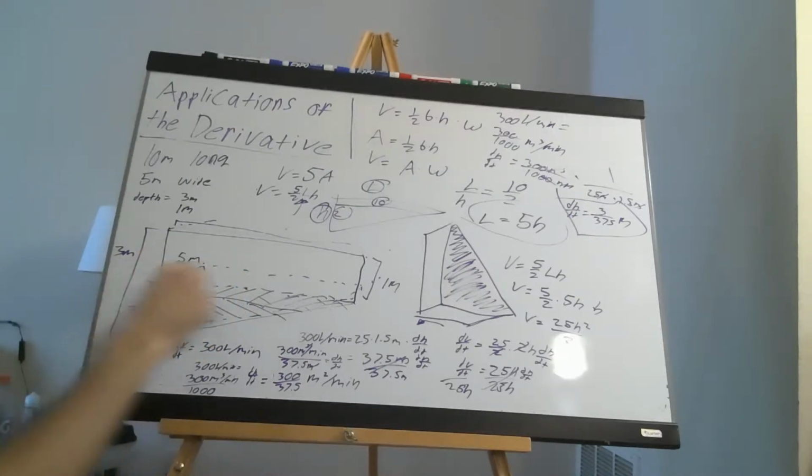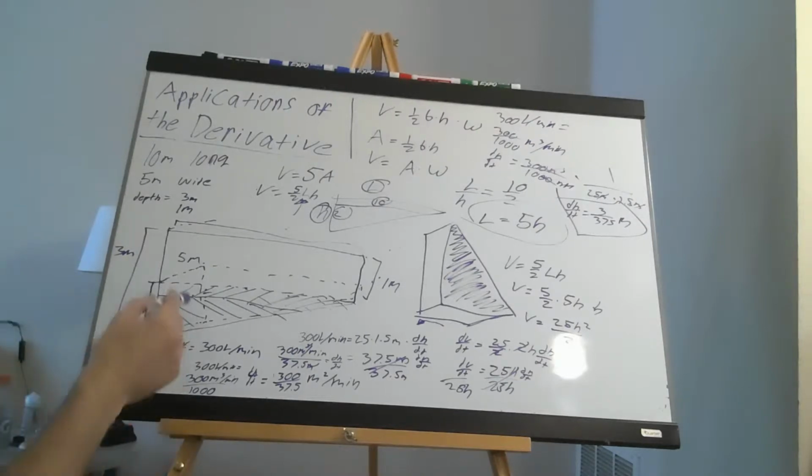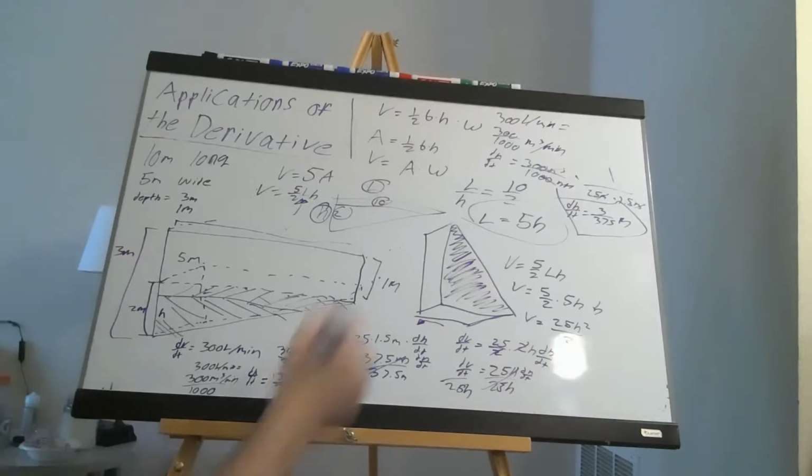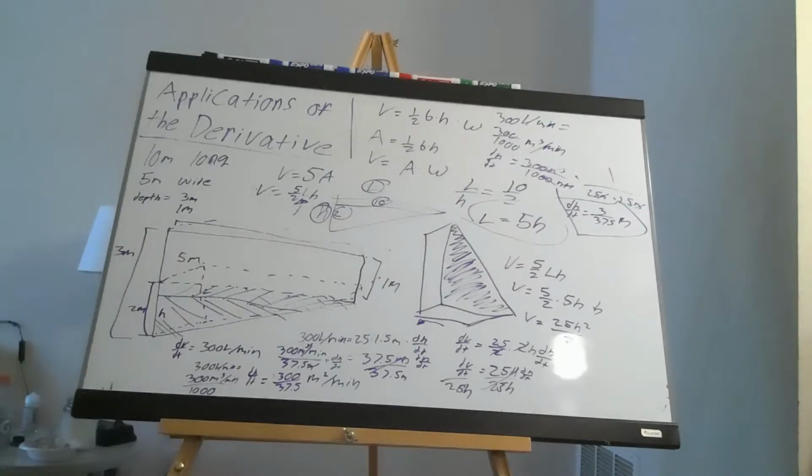We've got height in relation to length. Those are both right triangles, so they are therefore similar triangles. So we set up a proportion right here: L over H equals 10 over 2.